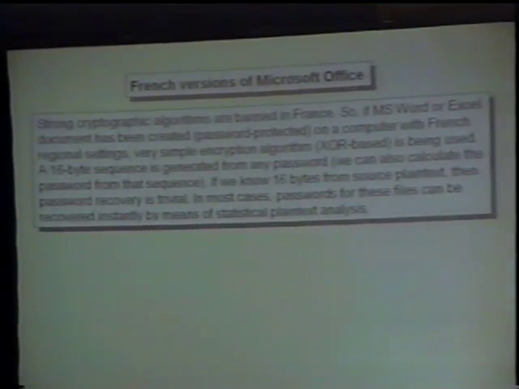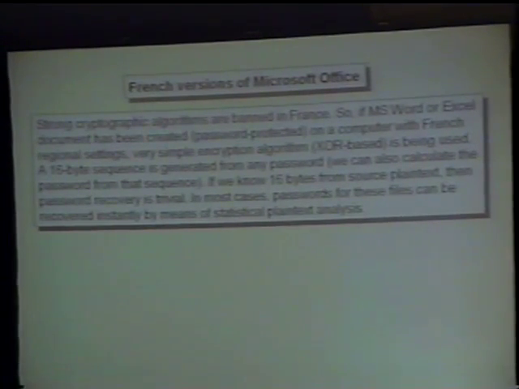A 16-byte sequence is generated from any password. We can also calculate a password from this sequence. If you know 16 bytes of the source plain text, password recovery is a trivial task. In most cases, passwords for these files can be recovered instantly by means of statistical plain text analysis.